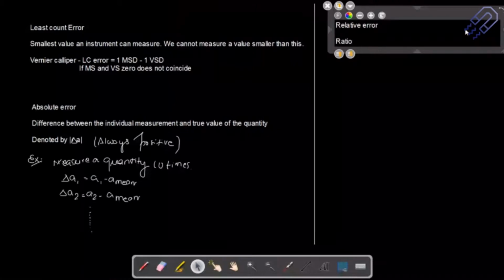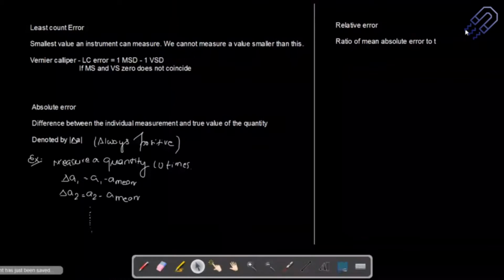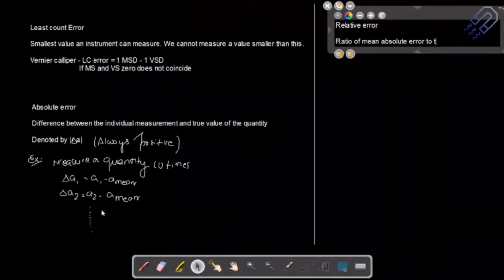But then let me take this ratio of the mean absolute error to the mean value of the quantity measured. We basically take the absolute errors, delta A1, delta A2, and take the mean of these, to the mean value of the quantity measured.